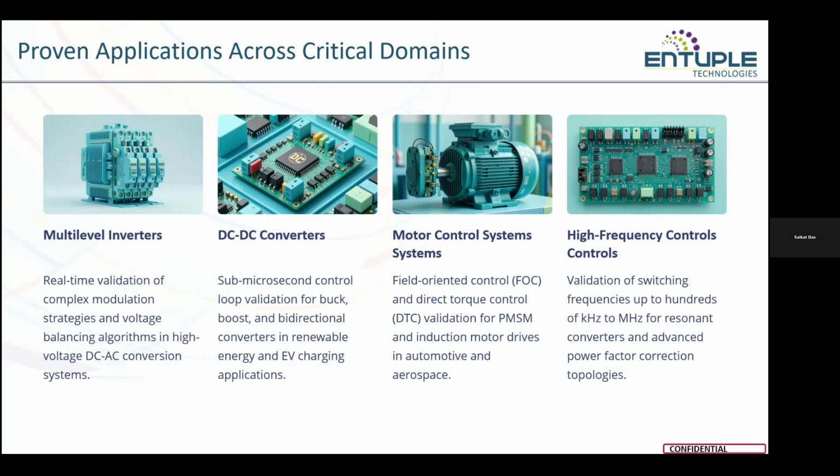Now DC-DC converters. Especially for renewable energy or EV charging applications, control loops operate in the sub-microsecond time range. So RCP enables real-time validation of buck converters, boost converters, and bidirectional DC-DC converters, ensuring fast transient response and stable power delivery.